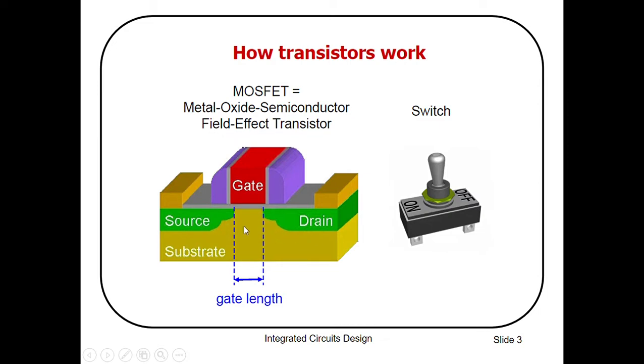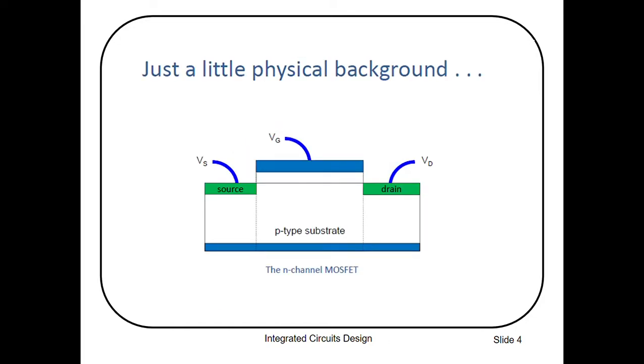This is the basic operation of the MOSFET. In our next slide we will discuss the process of channel formation and how the current flows between the two terminals of the MOSFET, source and drain.